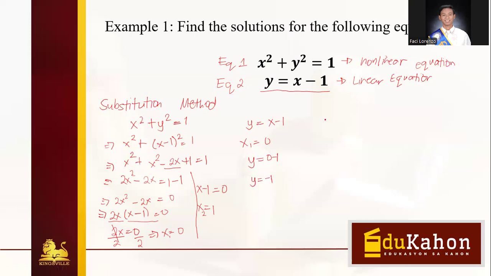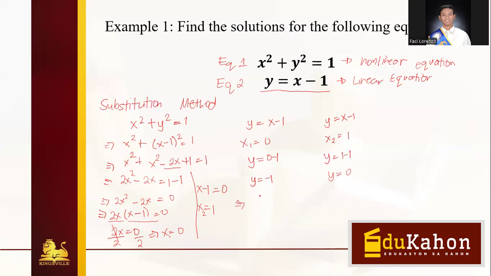How about here? If we have y is equal to x minus 1 and your x sub 2 is just equal to positive 1, so if we try to substitute for the value of x, we have y is equal to 1 minus 1. So y is just equal to 0. Okay, so we have here the solutions for the values of x and y.